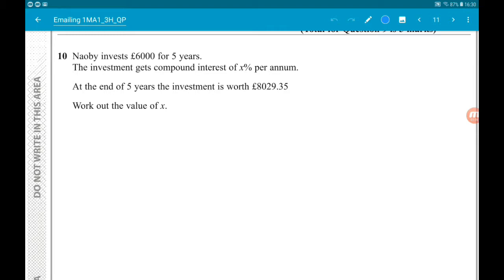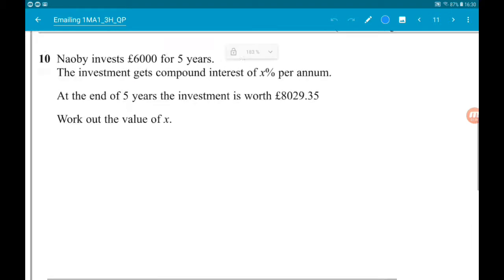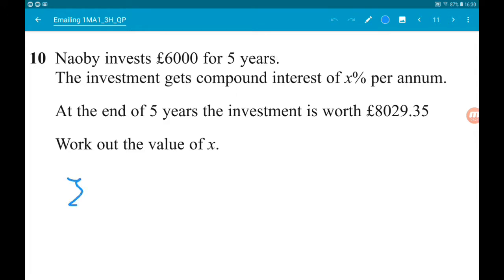So, I'm going to call the decimal multiplier Y. So, I'm going to say that £6,000 times the decimal multiplier Y to the power of 5 is equal to £8,029.35p.